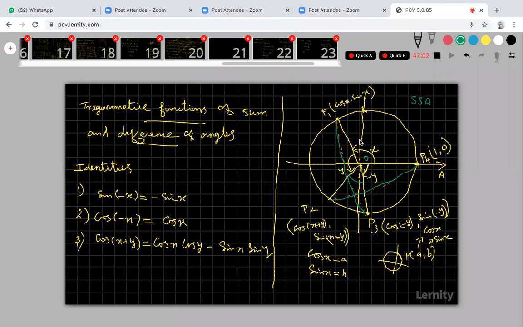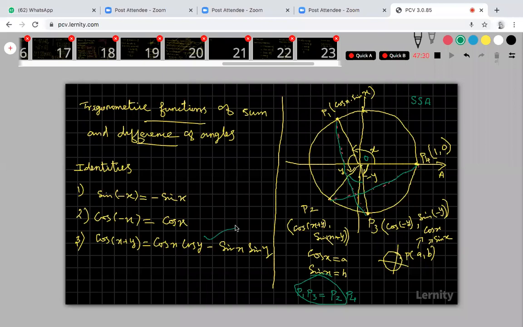Congruent means the other side is also equal, that means P1P3 and P2P4 are equal. That is the conclusion: P1P3 equals P2P4 because of congruence. Based on this, you can easily prove this result.